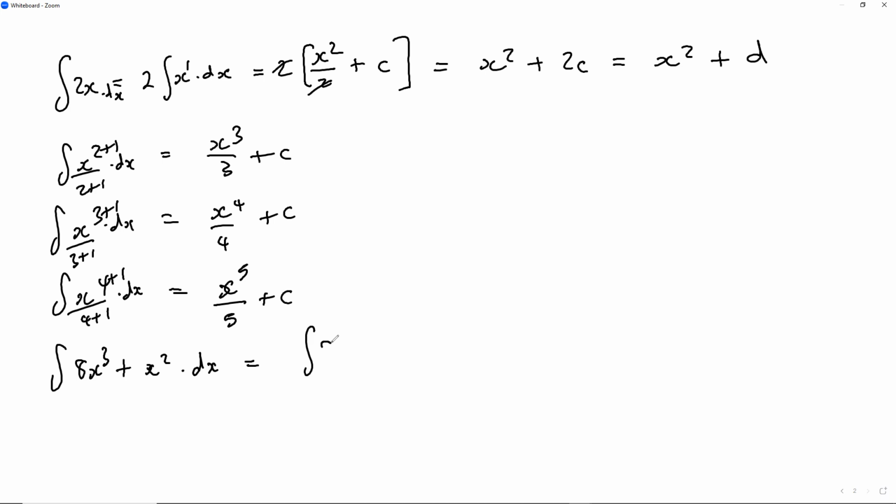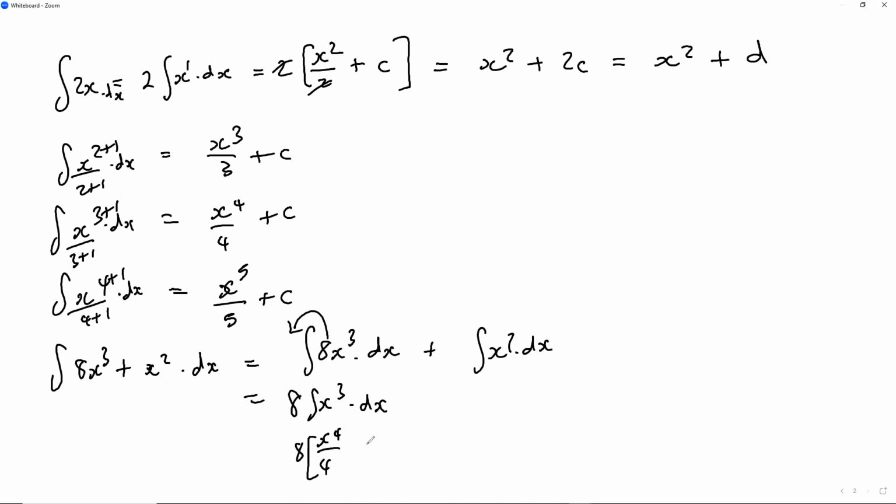For this one, we can integrate each part separately by distributing the integration into the expression. And the 8, remember, can be removed. So I can just integrate the x component of the expression. That's going to be x to the 4 over 4 and 8 in front, plus over here, we've got the integral of x squared, which is going to be plus x cubed over 3 plus c.